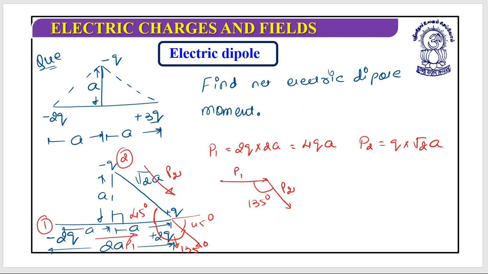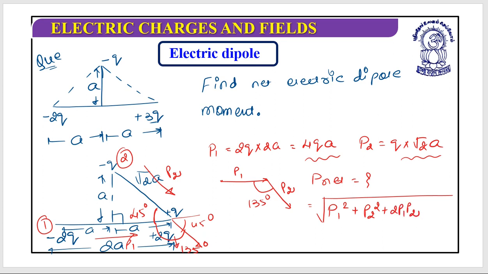Now what you need to do is find out p net. But look at this, it's a bit complicated as both have different magnitudes. So you need to find the magnitude like this: p1 square plus p2 square plus 2 p1 p2 cos theta.